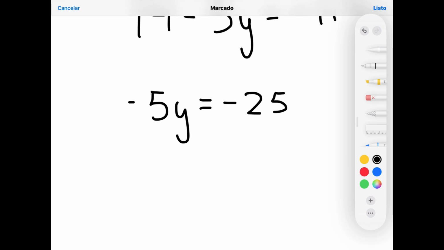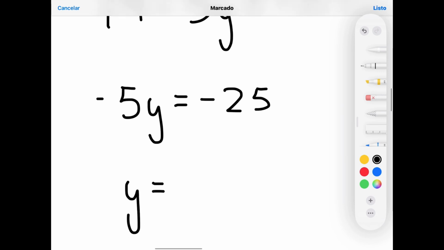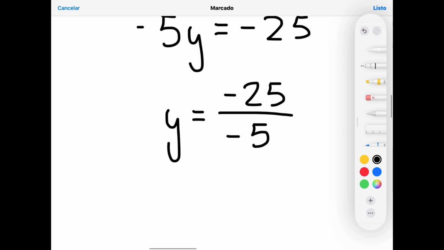Now, since we have to leave the y alone, we pass the minus 5 dividing, and it's minus 25 divided by minus 5, and y equals 5.